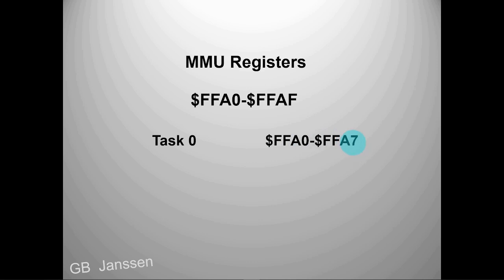That's known as task 0, which is the way you turn your machine on. We're also going to be using task 1, which is the other 8 MMU registers, A8 through AF.